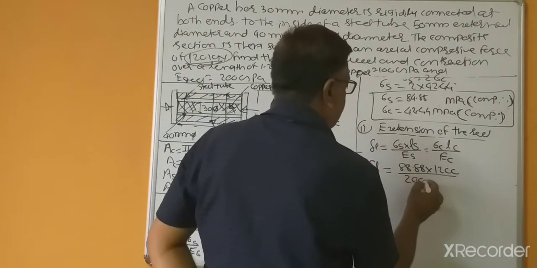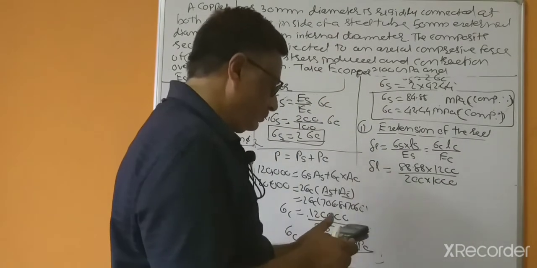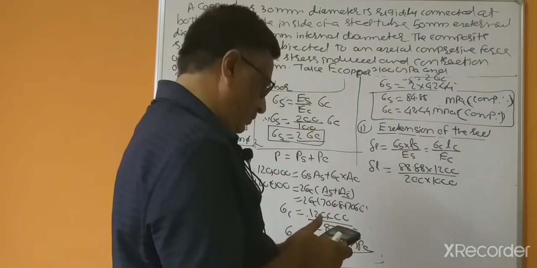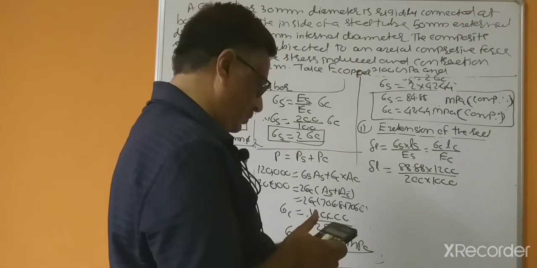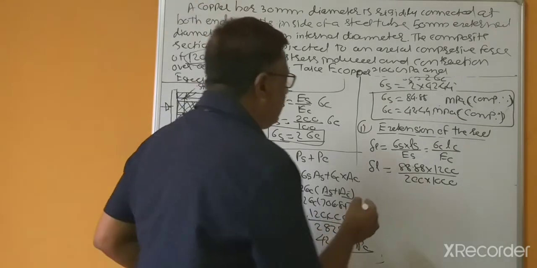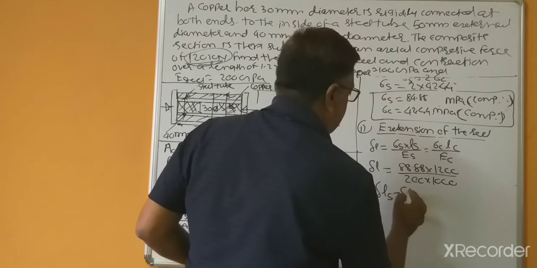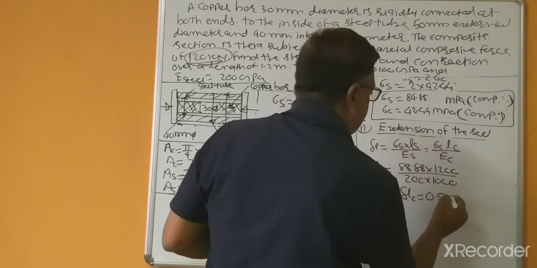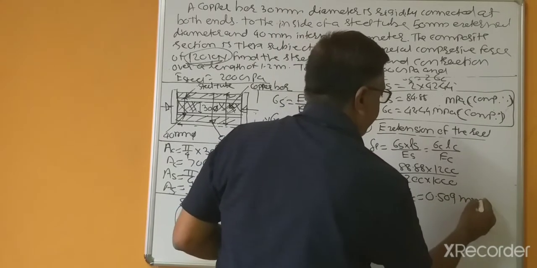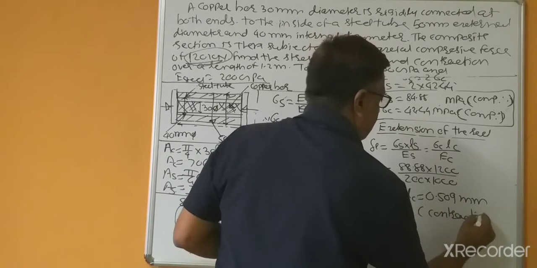ES equal to 200 into 1000. So change in length delta LS and delta LC equal to 0.509 mm, and this is contraction.